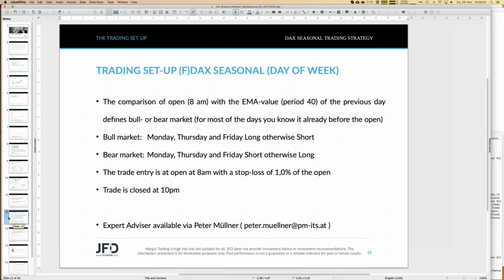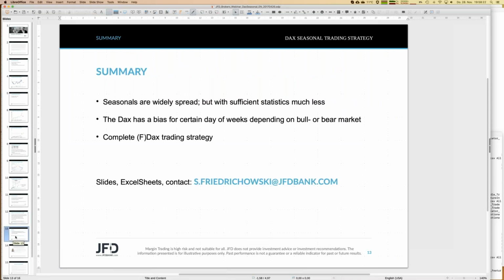But still, of course, one can do that kind of strategy manually. So 2 actions a day, 1 at 8, 1 at 10, only if the stop loss has been reached over the day, then there's no action at 10 p.m.